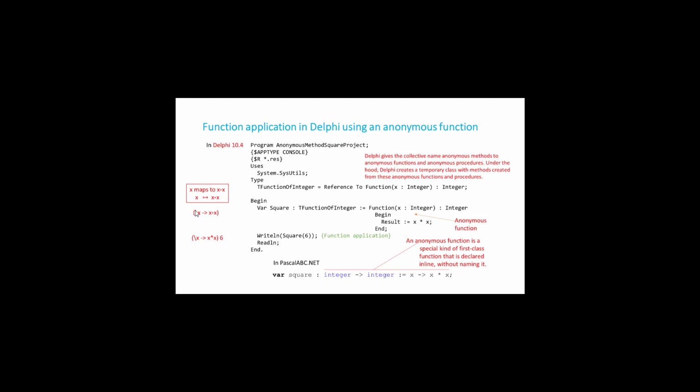Alonzo Church used the Greek letter lambda here to say that this is an unnamed function that takes a single argument, which we will refer to in general as x, and it maps that to, well, in this case, the square of x. So that is, if you like, the function.